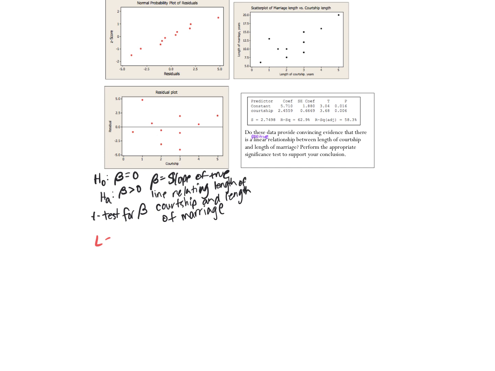Is the linear condition met? I don't see a pattern on the residual plot. Again, notice you guys, I'm referring to the graphs by name. Okay? Feels weird to say individual marriage lengths are independent, because marriage is an individual.